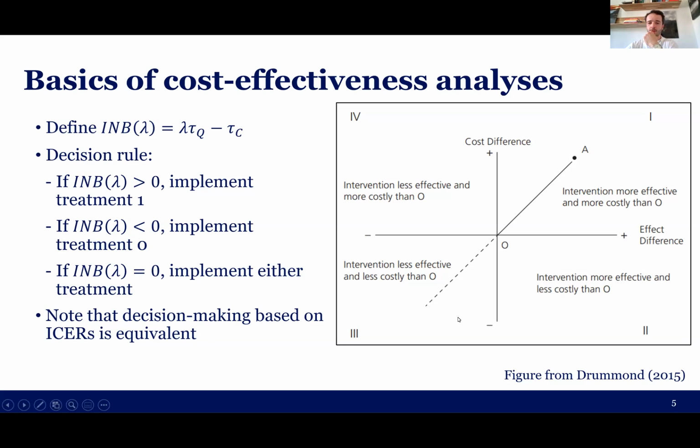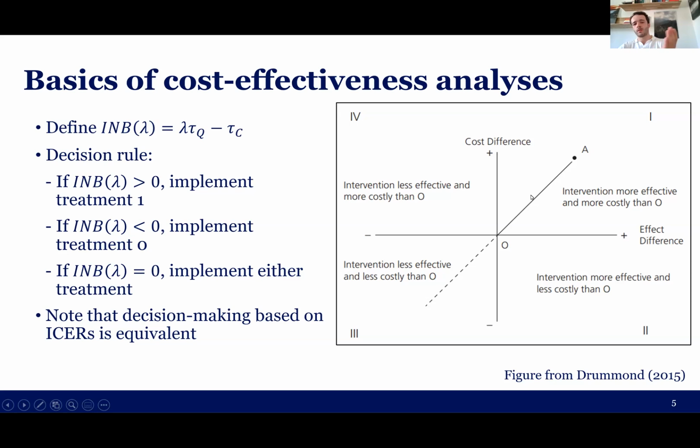Can also see this graphically. This is not the prettiest figure, but I couldn't be bothered to make it myself, so I just copied this in from a book, where we have the cost effect on the vertical axis and the QALY effect on the horizontal axis, and then we have this 45-degree line here, which here they call A, I call it lambda, but it's the same thing.